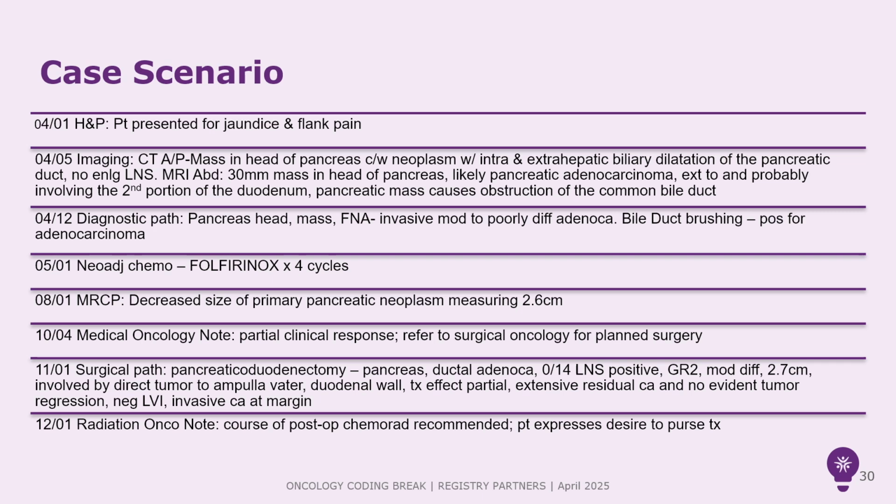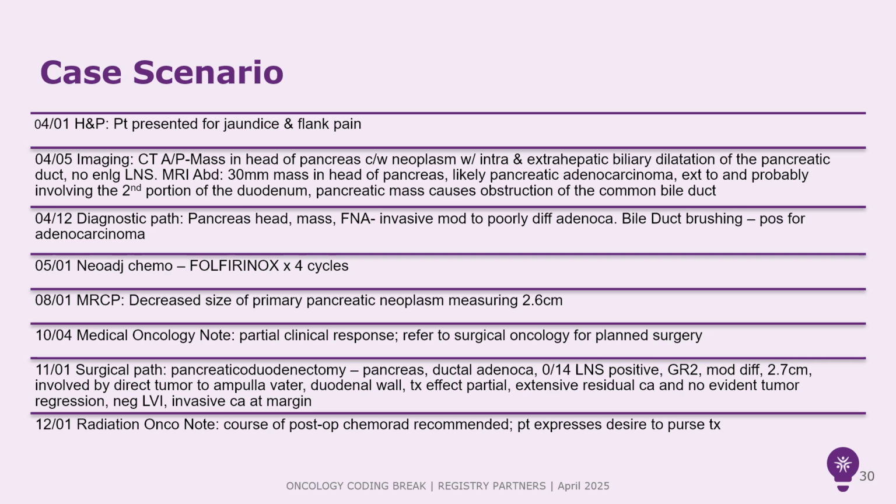On 8.1, the MRCP showed a decreased size in the primary pancreatic neoplasm, measuring 2.6 centimeters. On 10.4, the medical oncology note stated there was partial clinical response and referred to surgical oncology for the planned surgery.